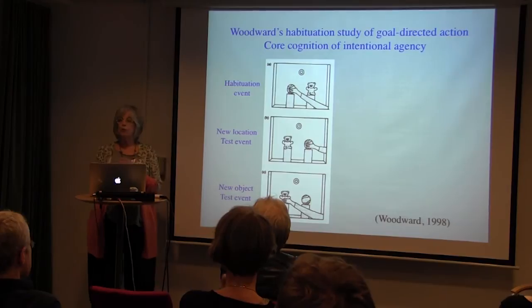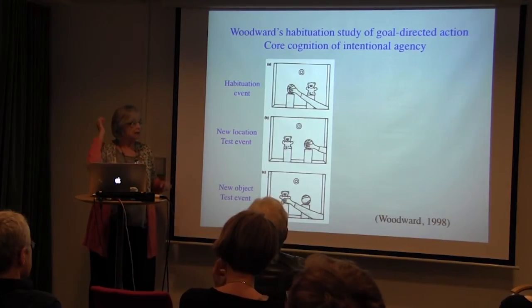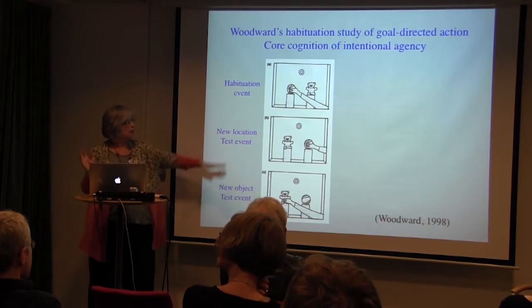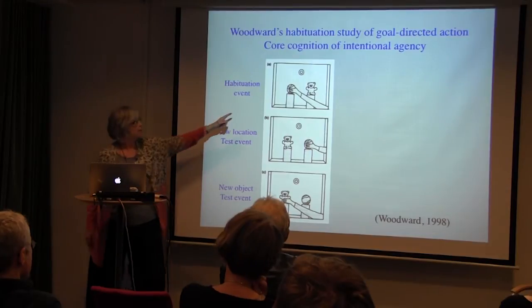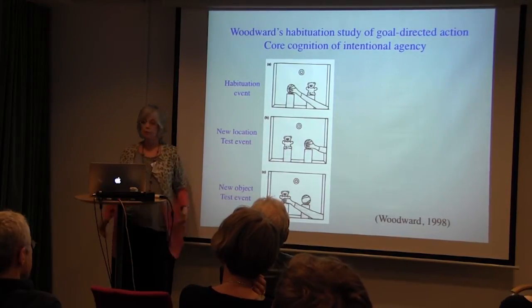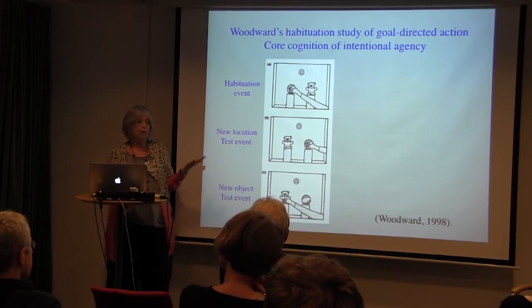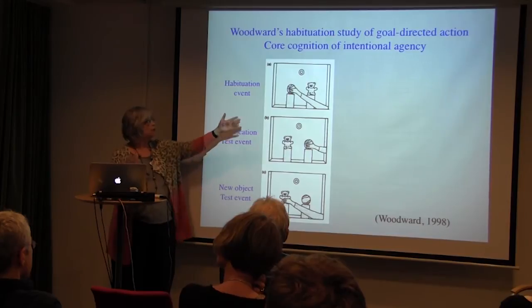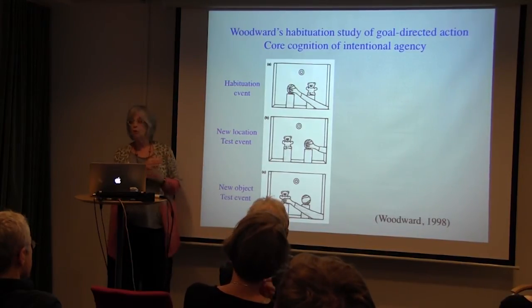But what I want to show you is how rich the system of representation of agents is. It turns out in this experiment, it's important that there's 2 objects there. If it's only the ball that you're reaching for, the first time you introduce the bear, the baby has no prediction about what you're going to reach for, and that's quite rational because here you've essentially shown the baby that the agent prefers the ball to the bear.